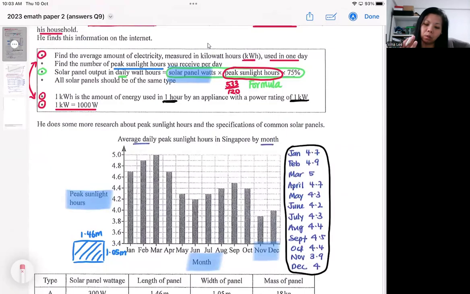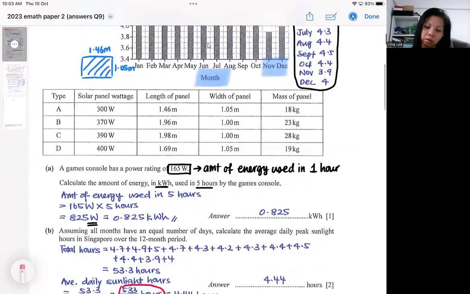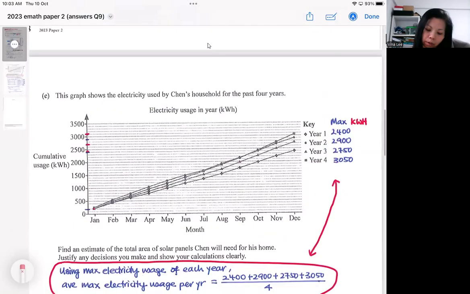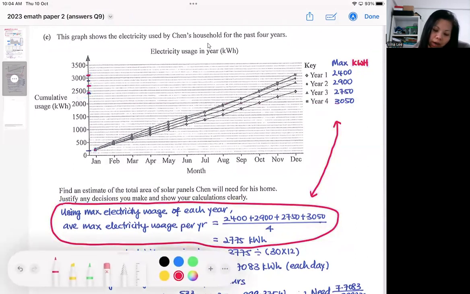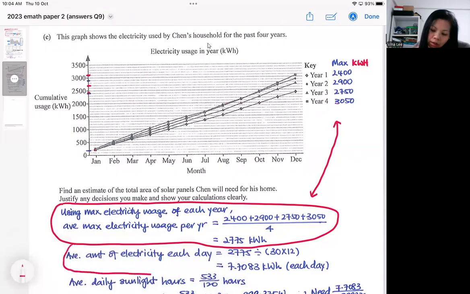Okay. And then because the formula relies on the solar panel output, which is calculated daily, how much the solar output can do, I'm going to calculate the amount of electricity that I need each day. So after I find out the average max electricity for 1 year, I will calculate the average amount of electricity that I need to use in a day.